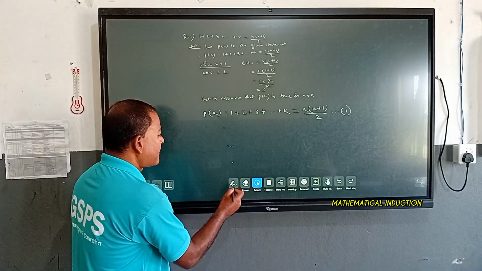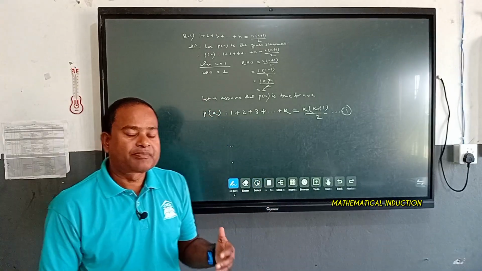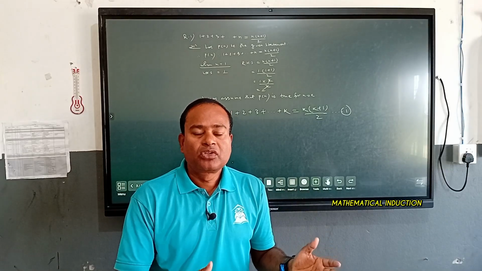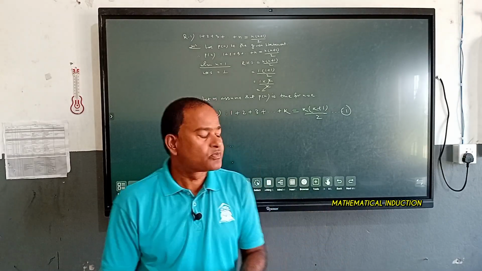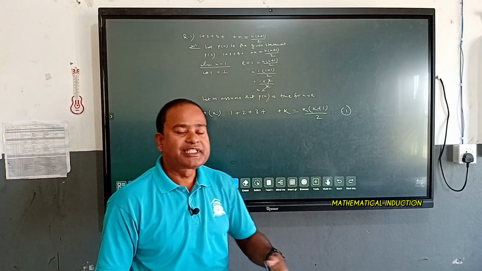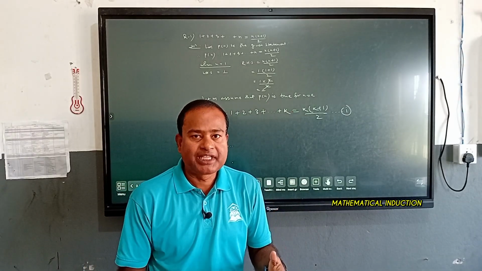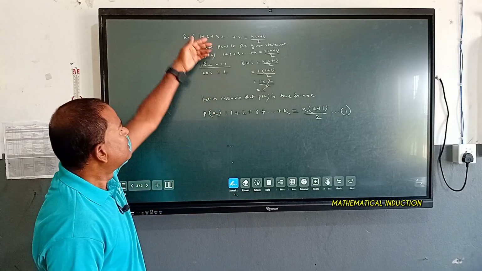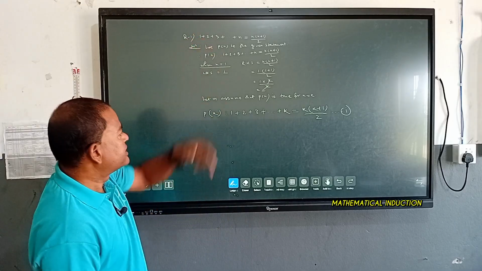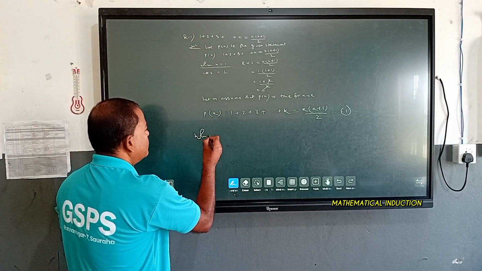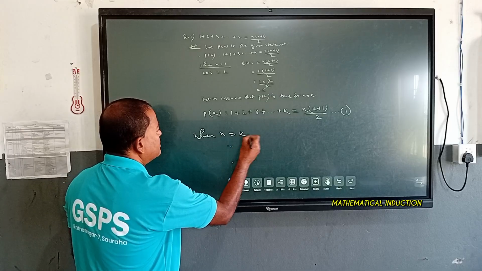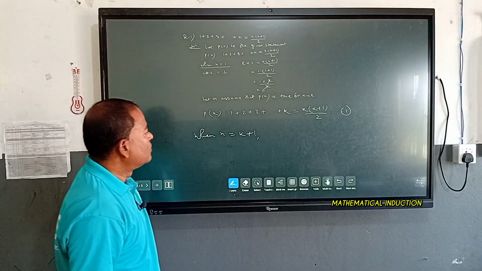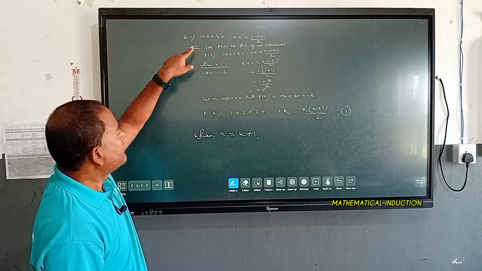Now in the third step, we prove that the given statement is true for n equals k plus 1 whenever the given statement is true for n equals k. So let's put the value of n equals k plus 1.